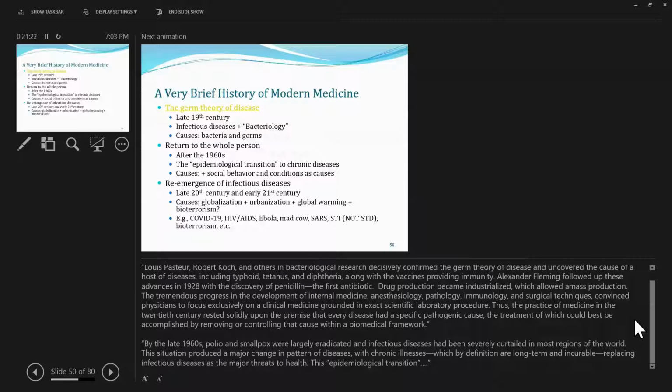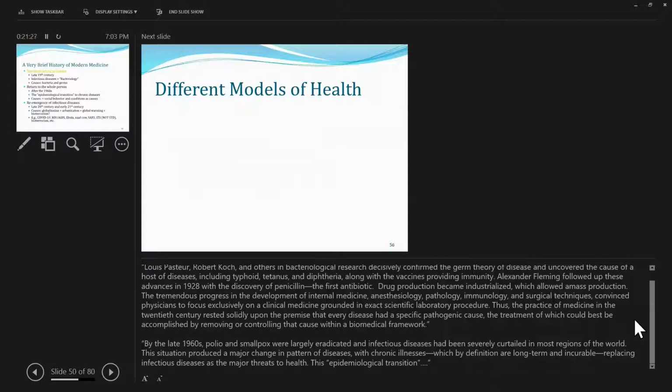Global warming plus the possibility of bioterrorism introduces this threat or possibility of having predominantly infectious disease, and that's what we're going through, right? Health threats like COVID-19, HIV, AIDS, Ebola, mad cow, SARS, STI, a sexually transmitted infection, and bioterrorism. Okay.